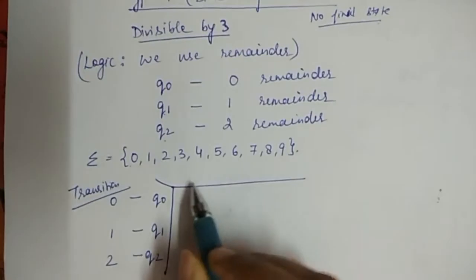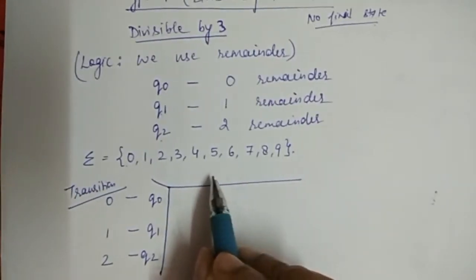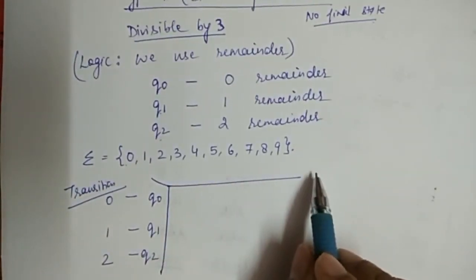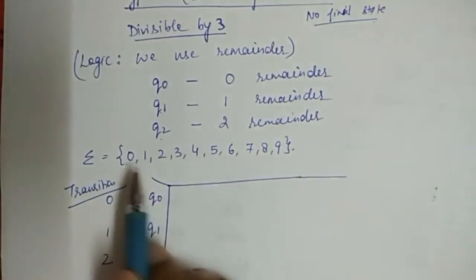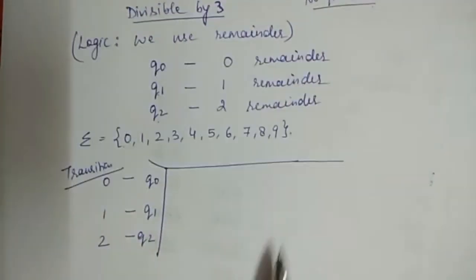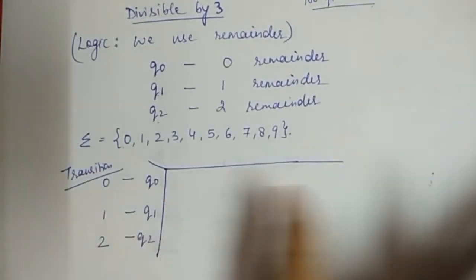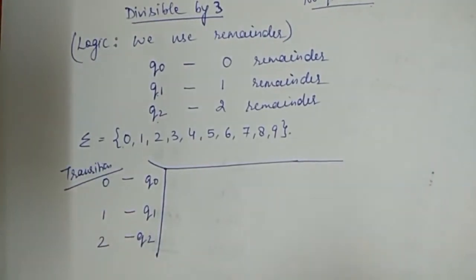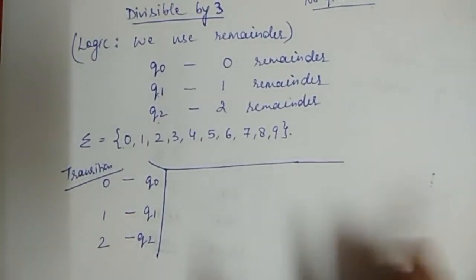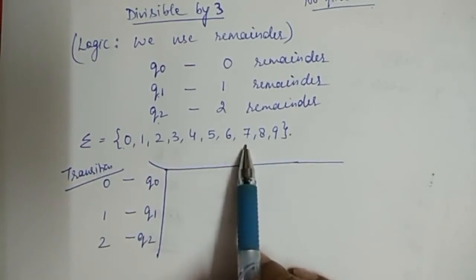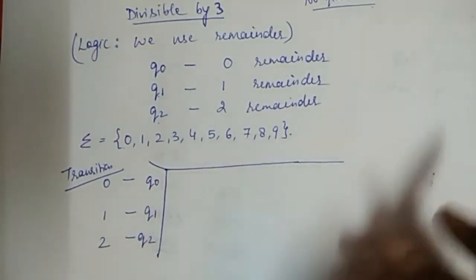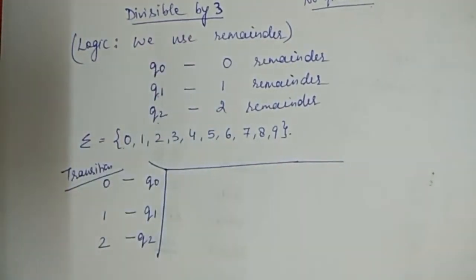Now here we always write down the input values, but if I take the 0 to 9 values separately, then it looks very complex. So I combine all those values which give the same remainder when divided by 3.